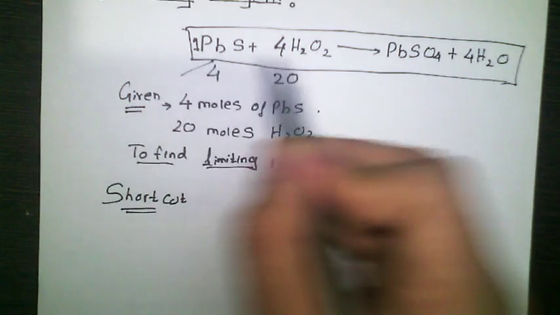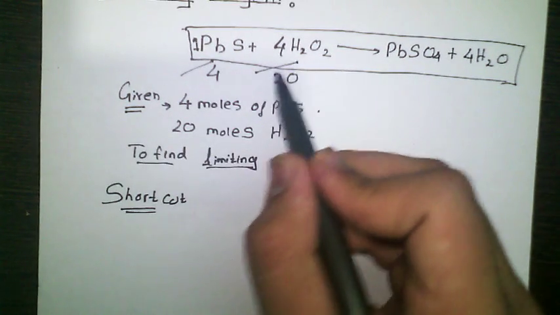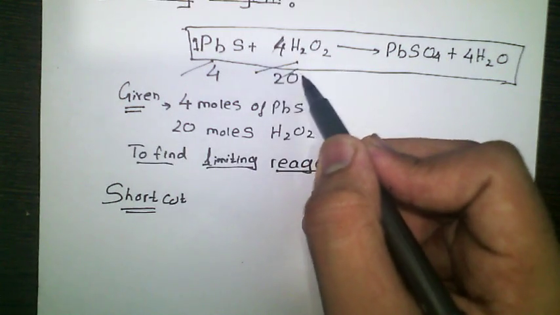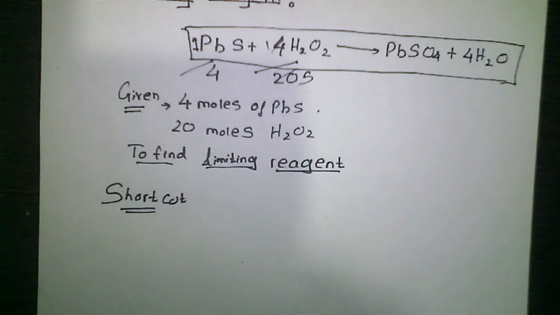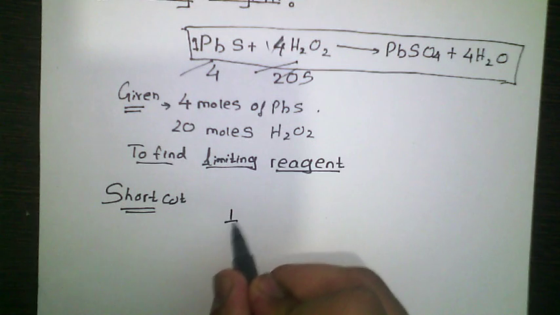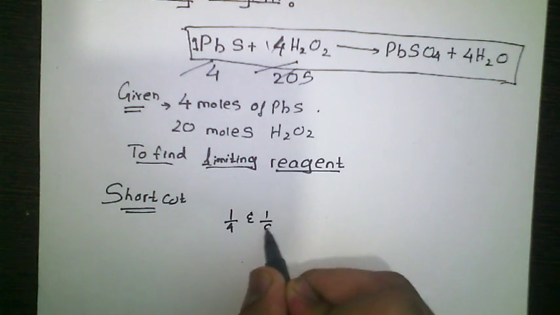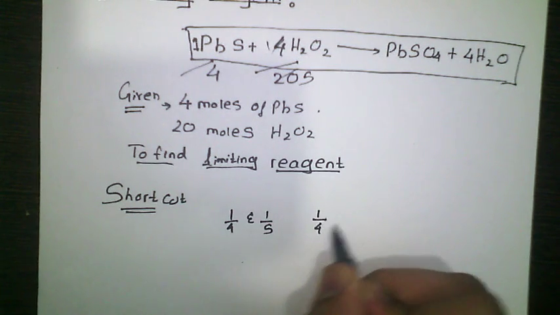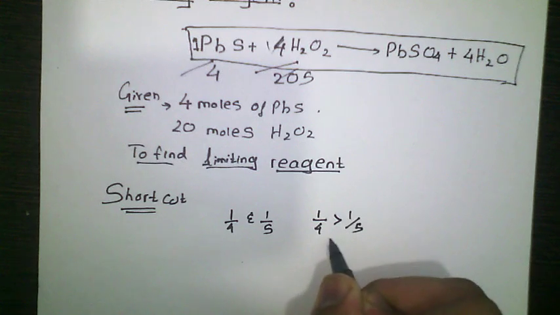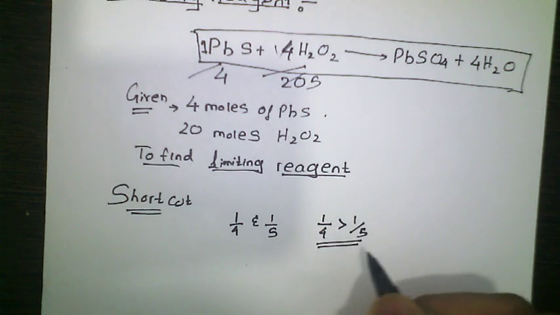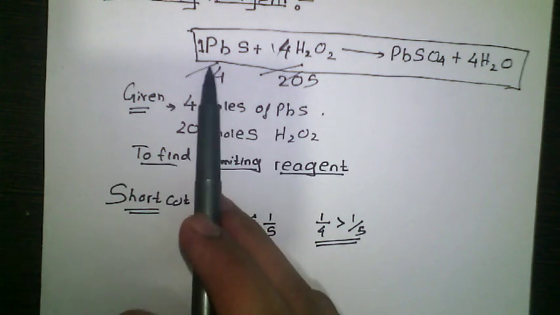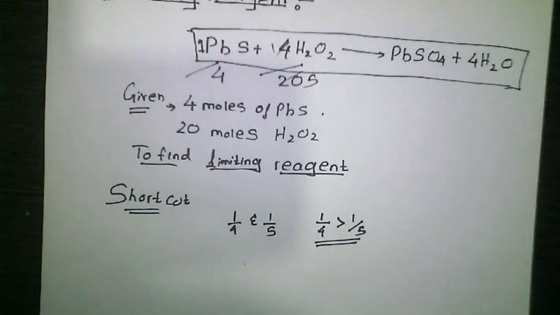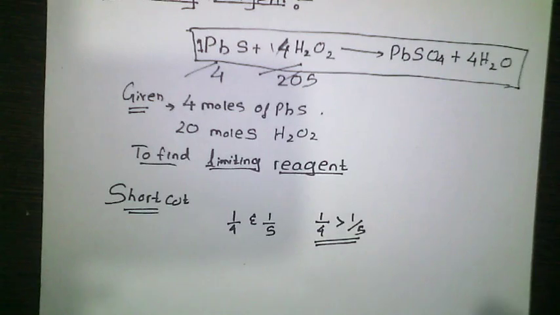So 1 upon 4, and 4 upon 20, that is 1 upon 5. Now compare 1 upon 4 and 1 upon 5. Of course 1 upon 4 is greater than 1 upon 5.